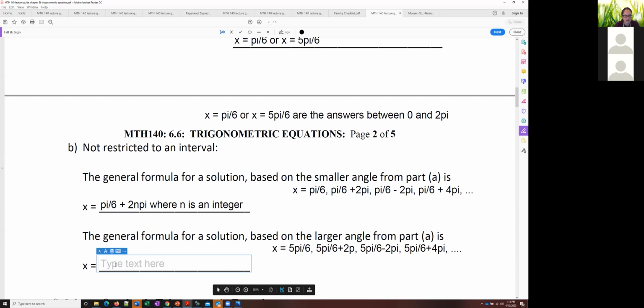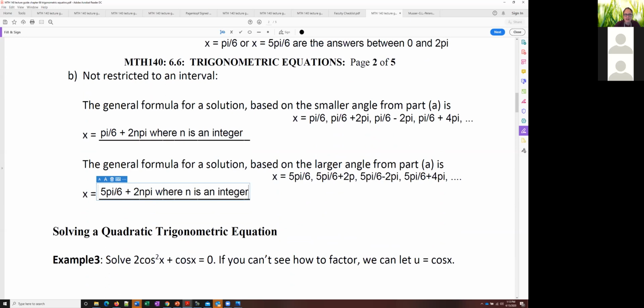So that's going to give us a general solution of 5 pi over 6 plus 2n times pi, where n is an integer. Is that all okay so far? Any questions?